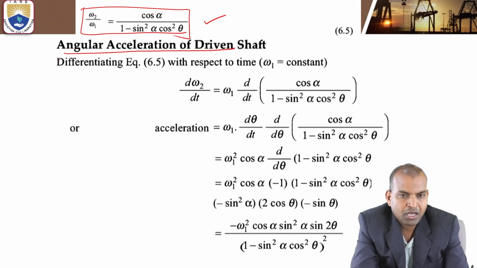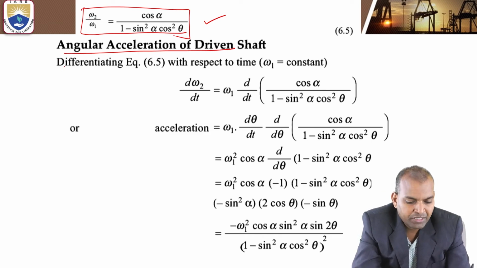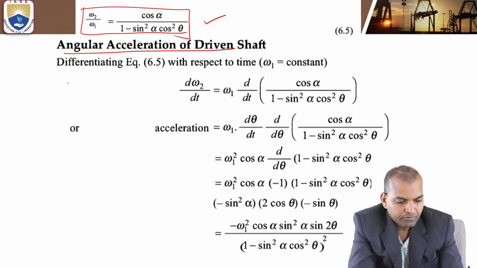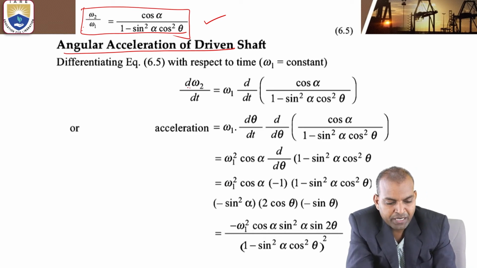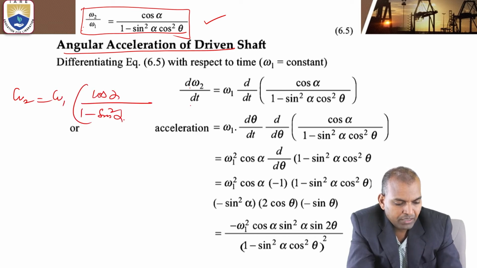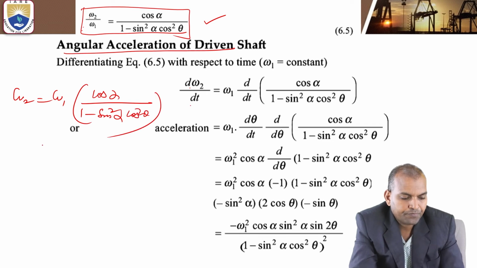What is the angular acceleration of the driven shaft? If we differentiate this equation with respect to time, we get d omega 2 by dt, where omega 2 equals omega 1 times cos alpha by 1 minus sin square alpha cos square theta.